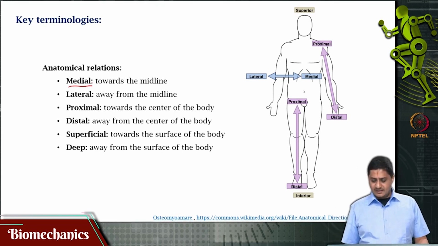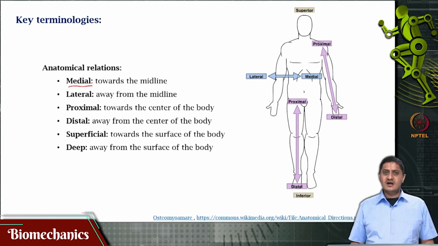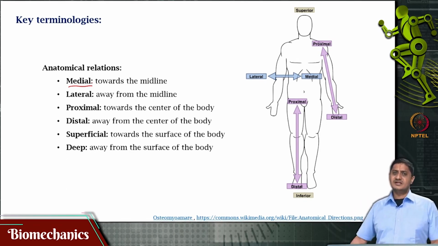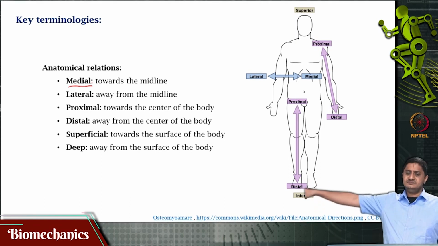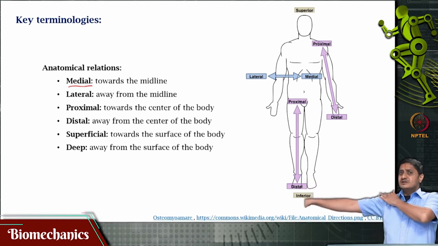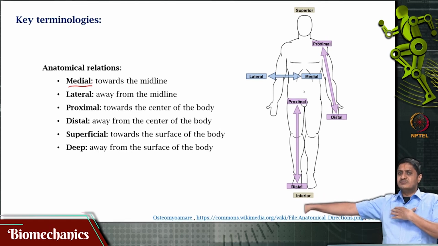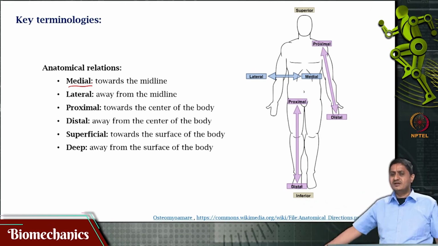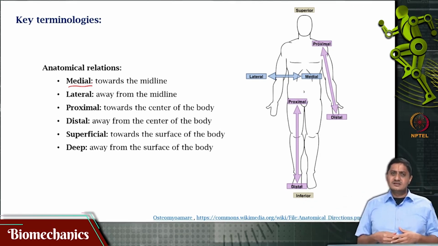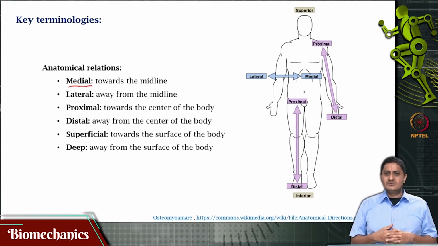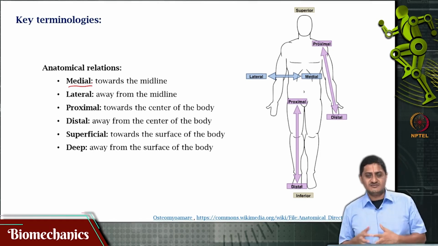Then we are interested in discussing how close a particular part of the body is to the center of the body. Suppose I am extending my arm like this, the shoulder is the closest to the midline of the body or the center of the body when compared with the elbow. When someone is working closely with another person, you would say that they are working in close proximity with someone.